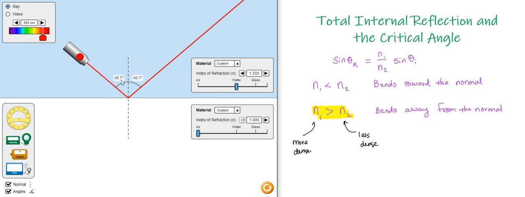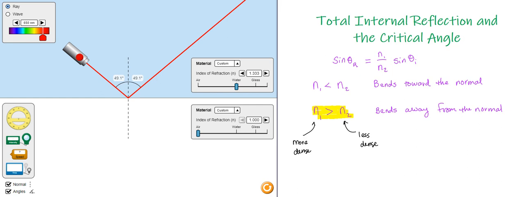The law is still the same for the angle of reflection, so the angle of reflection is exactly the same as the angle of incidence, but the angle of refraction has actually disappeared. Technically what's happening here is once it hits a specific angle of incidence, the angle of refraction is going to lie along the boundary, and that's where it technically will disappear.